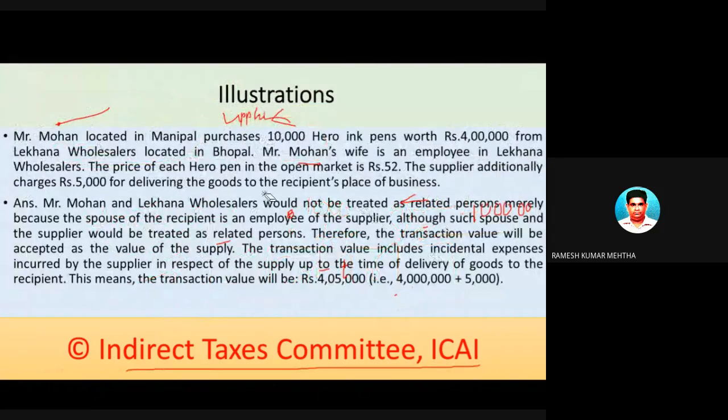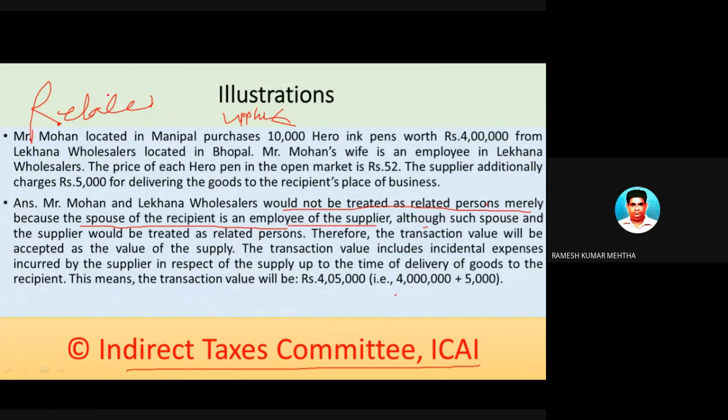Mr. Mohan and Lekhana Wholesalers, that is the recipient and the supplier, would not be treated as related persons merely because his wife is an employee of the supplier. So first and foremost, we are ruling out that this is a related party supply of goods.